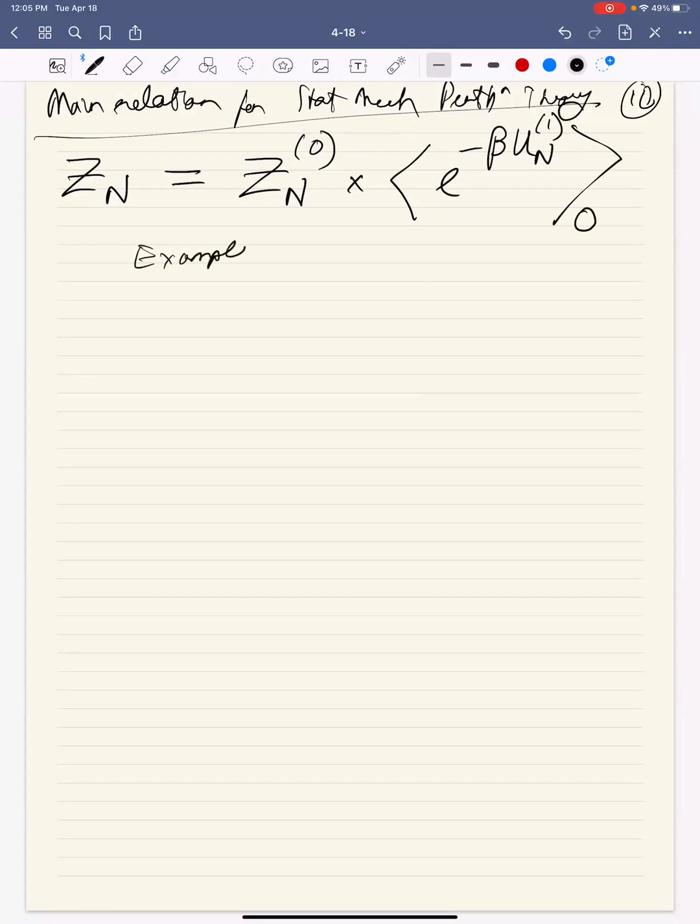So let's say our U of n is ideal gas plus Hooke's law, okay? Harmonic springs. So ideal gas plus half k r square type interaction, okay? And I'm being sloppy here because I'm trying to give you intuition.